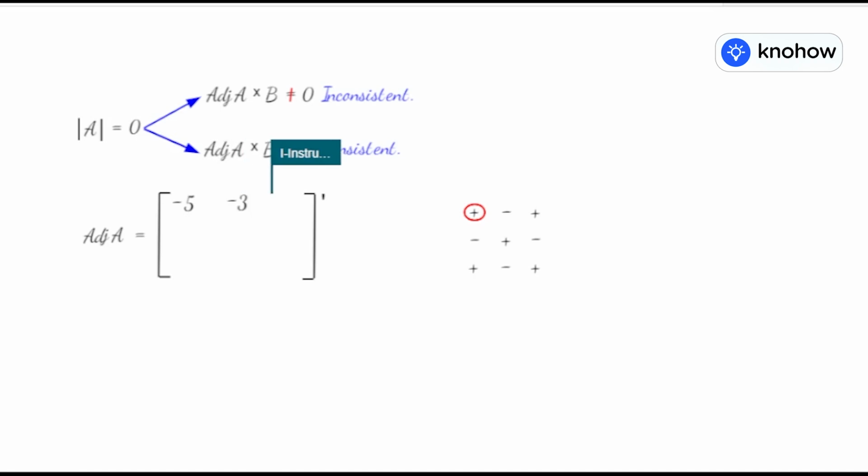Work out the elements of adjoint A yourself, and you will have minus 5, minus 3, minus 6, then 10, 6, 12, and the elements of the third row will be 5, 3, 6.